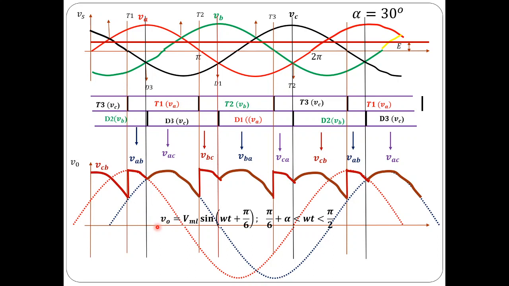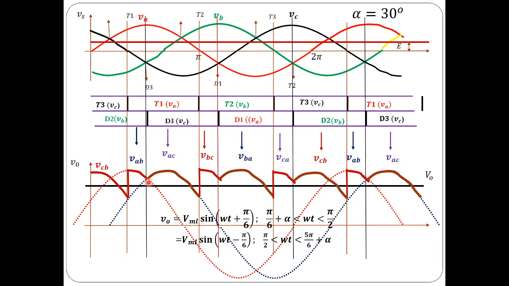So V0 is equal to VAB, that is VML sin(omega t plus pi by 6), for omega t ranging from pi by 6 plus alpha to pi by 2, and it is equal to VAC, that is VML sin(omega t minus pi by 6), from pi by 2 to 5 pi by 6 plus alpha. So the frequency of the output voltage is 3 times that of the supply frequency.